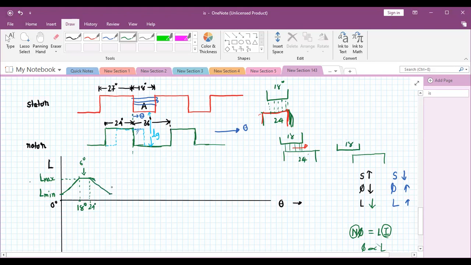Yes, it is again 18 degree. So what is 24 plus 18? Constant for 6 degree, then again it is reducing for 18. Yes or no? So 24 plus 18, it is 42. Yes, Derek. Okay.